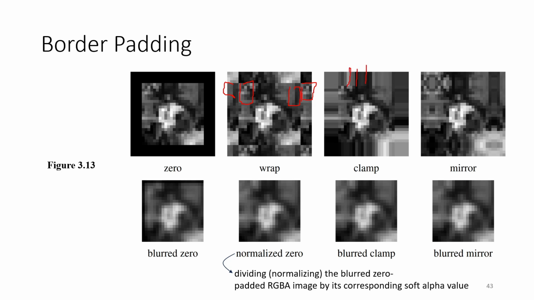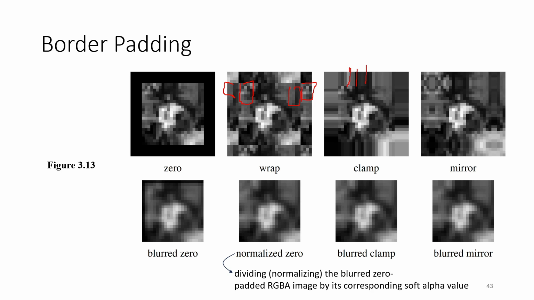And mirror means reflecting from one side to another side, like a mirror. If you use different padding approaches, you will have different results. This is generated by the blur, so the boundary is slightly darker and you will have blurred boundaries. Okay, for clamp and mirror.